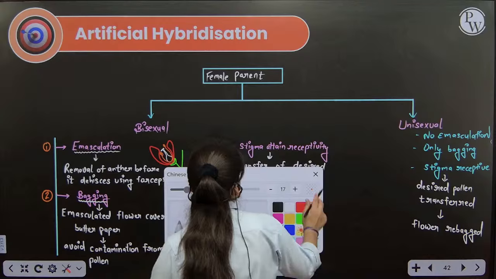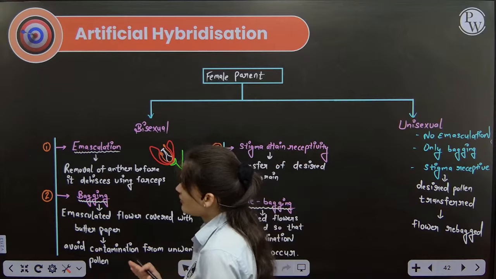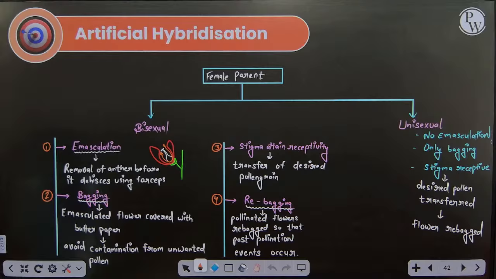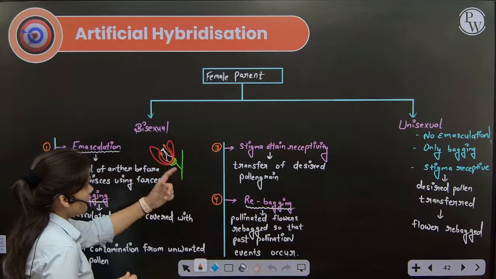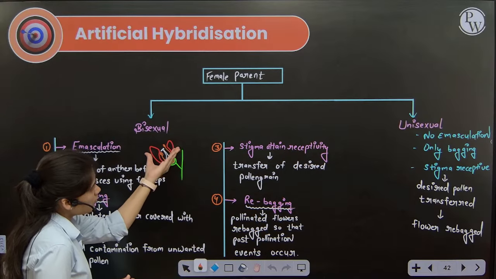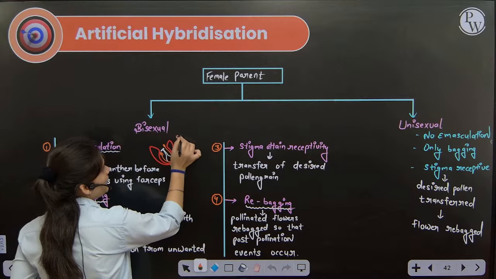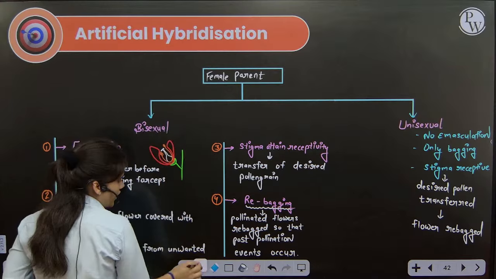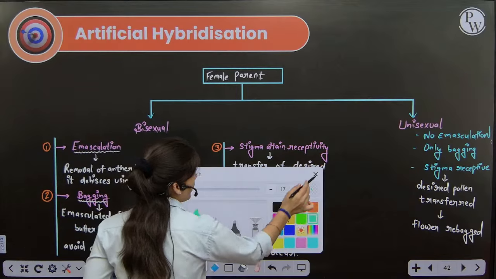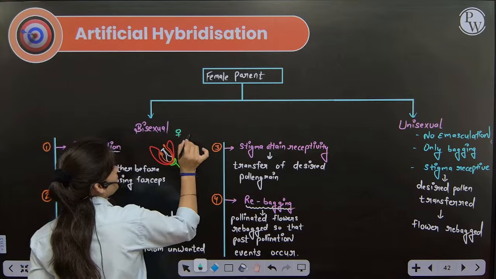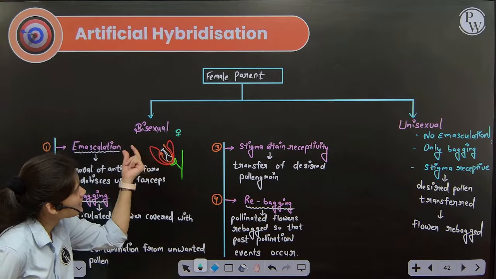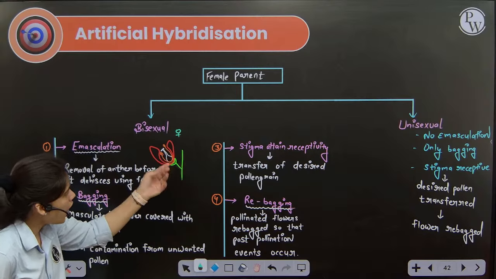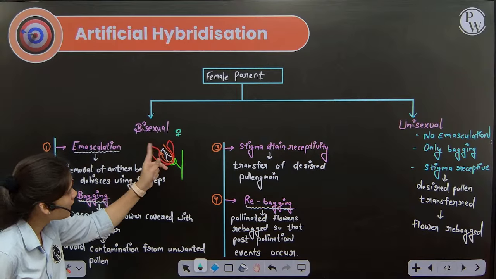Suppose I choose a female parent plant, and the flower I choose as the female parent has both male and female parts present in it. How do I prevent autogamy here?